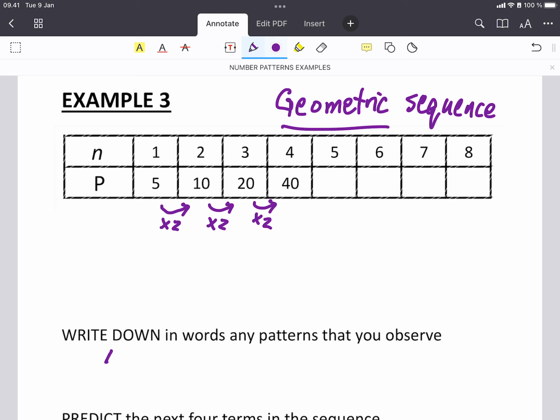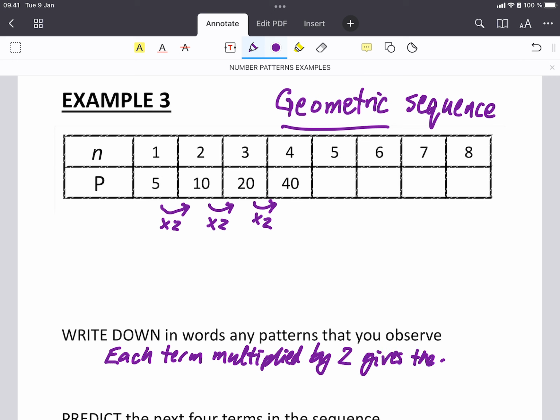So you might write, each term multiplied by 2 gives the next term. So just putting that times 2 times 2 times 2 business into words.